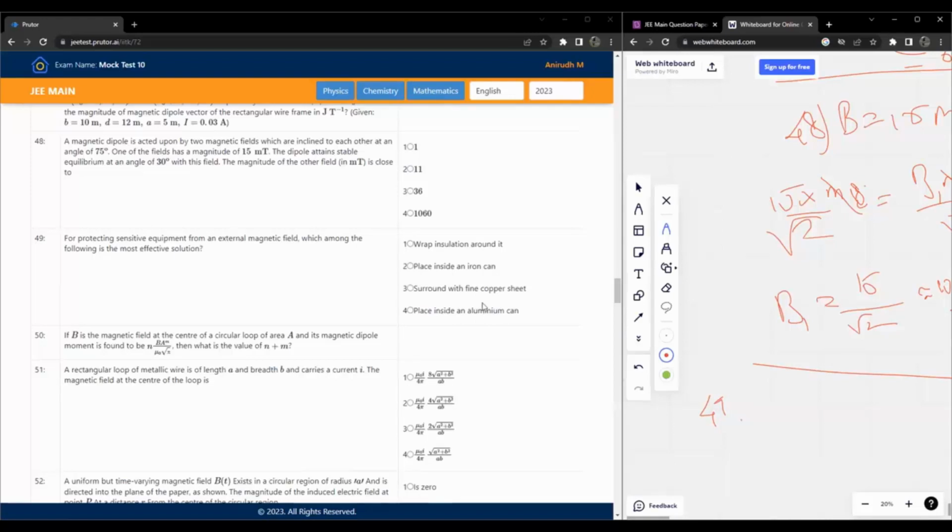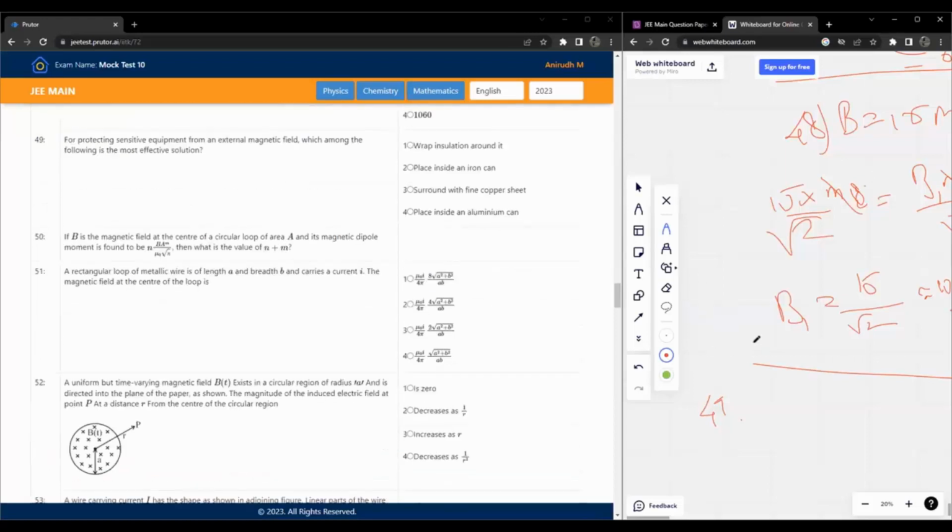Since magnetic fields do not penetrate ferromagnetic substances, the lines of force just go over the surface of it. So you protect a sensitive piece of equipment by placing it inside an iron can, right? I think it's called magnetic screening, if I remember it correctly.